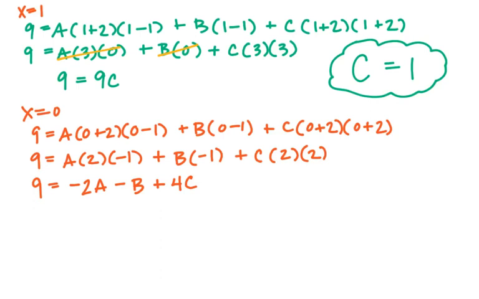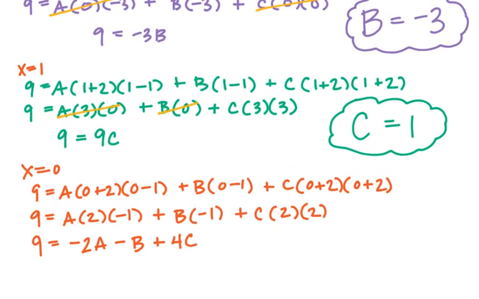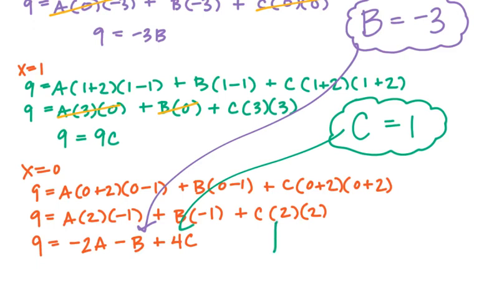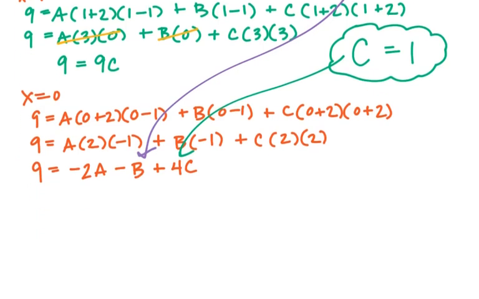I can't simplify this anymore right now. And remember, we're still looking for our A value. But I know B and I know my C value. So I can plug both of those values in, and that's going to allow me to determine what A is. So B equals -3 and C equals +1.